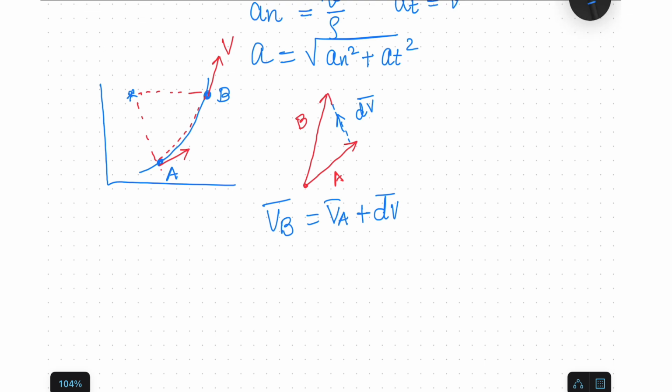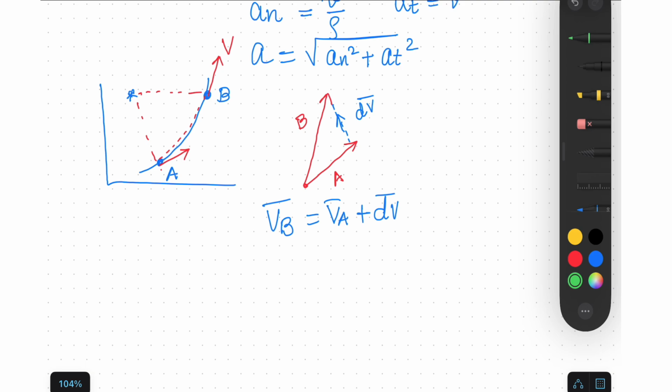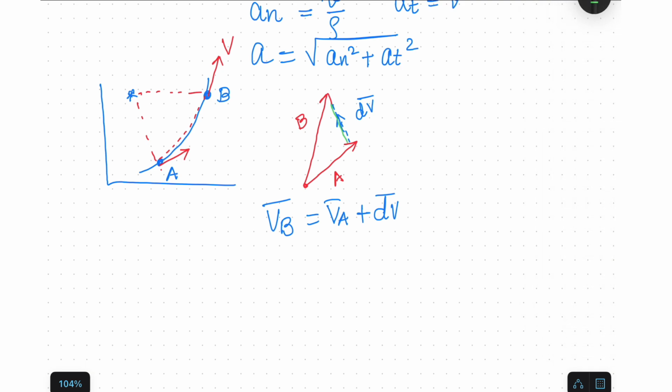So it means the total acceleration vector lies on the same plane, collinear to dv. This is our acceleration vector, the total acceleration.